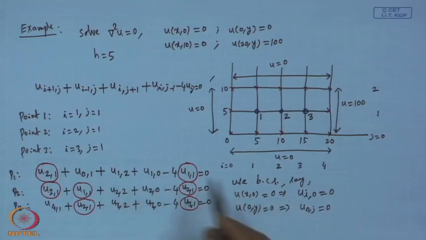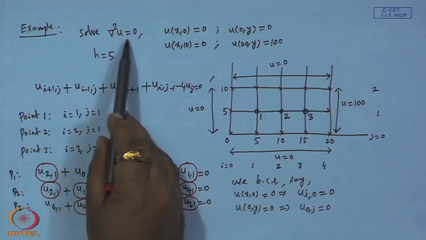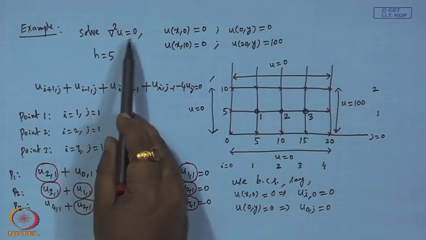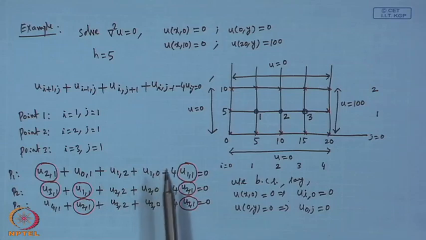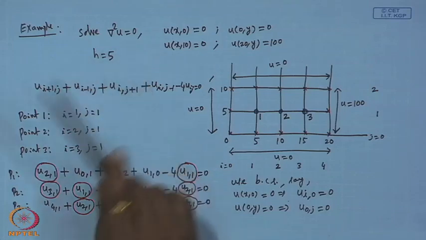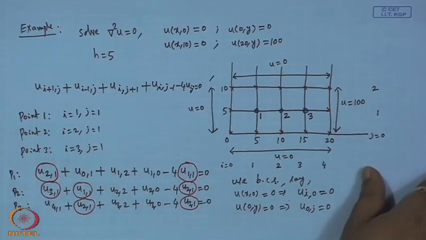Okay. So far if you see the Laplace equation, it is homogeneous, there is nothing to the right hand side. So, the story remains the same even if we have something on the right hand side. Okay. So, let us see a case where we have right hand side non-zero. As you know, if you have a non-zero term, typically also a function of the spatial coordinates, then we say the corresponding equation is Poisson equation.